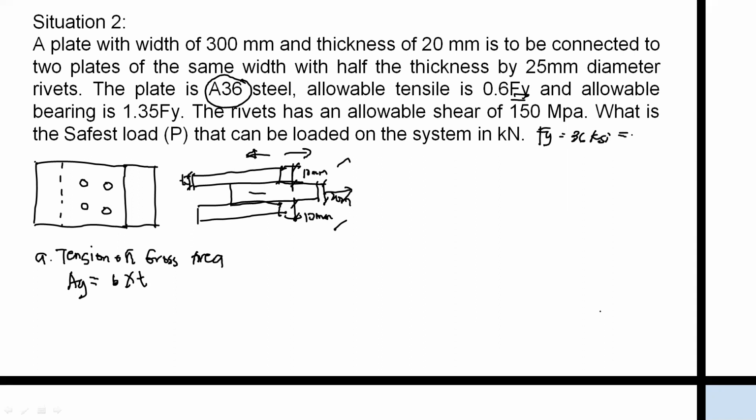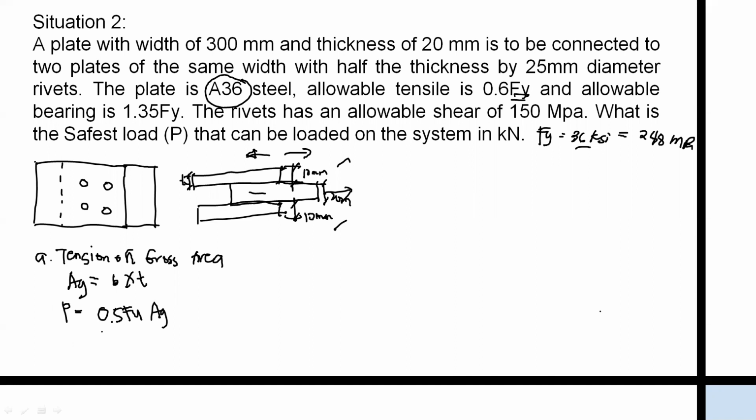And having said that, 36 KSI is equivalent to 248 megapascals. Or simply, you can multiply 36 to 6.9. Therefore, your force P is equal to 0.5 of your Fu times your Ag. This is for your gross section.